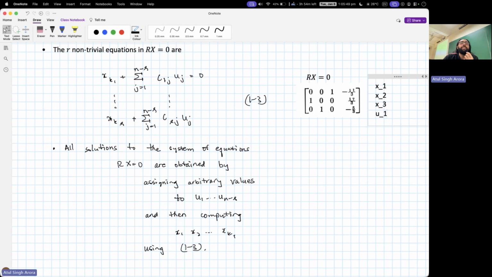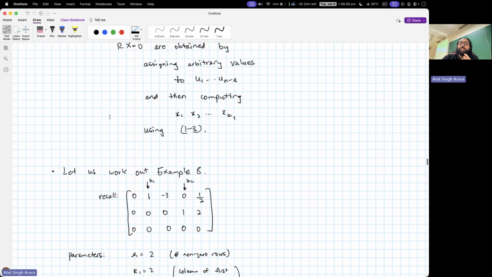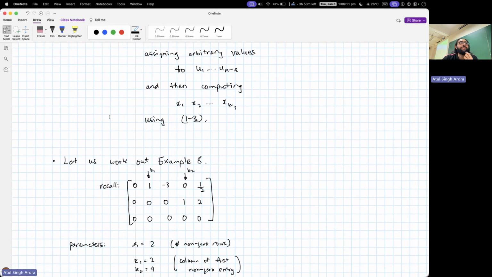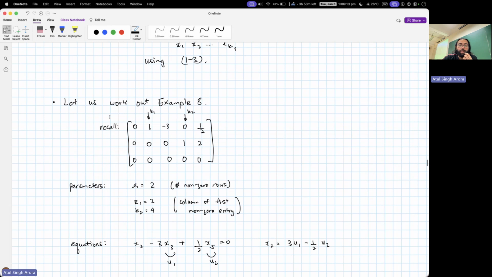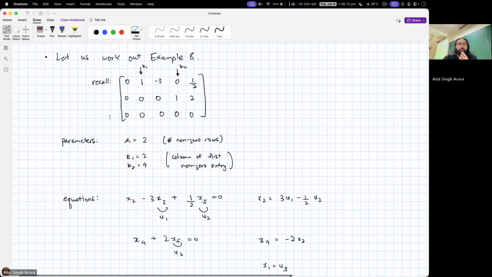So it's systematically saying that if you have a homogeneous system of equations and you construct the row echelon form, which we know you can, then you can read out the solution by plugging in arbitrary values for u's and computing the x's. Is that clear? Okay, so it's just formalizing what you already know really well. It's just solving linear equations. That's it. But we're doing it a little bit more abstractly.